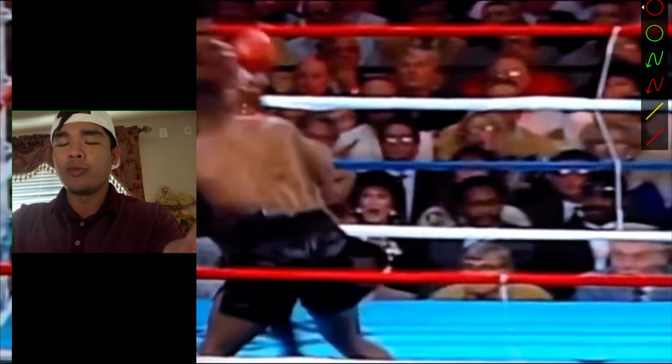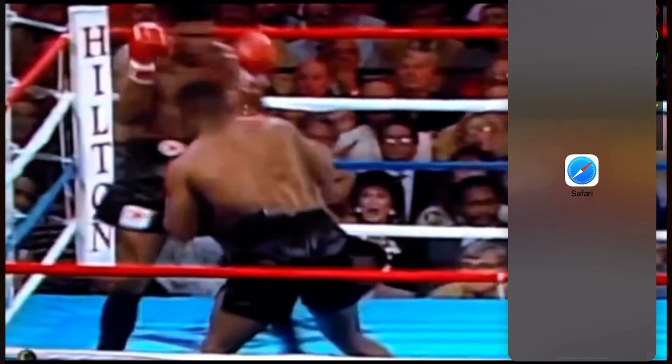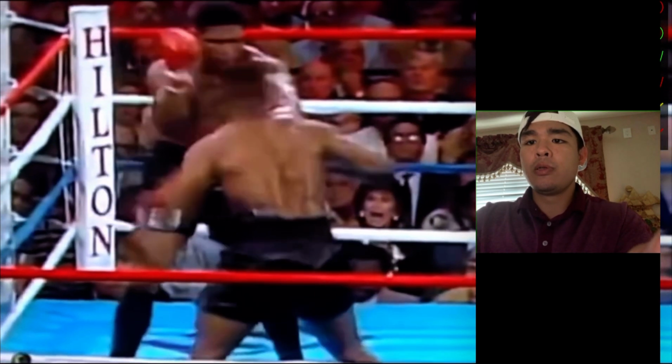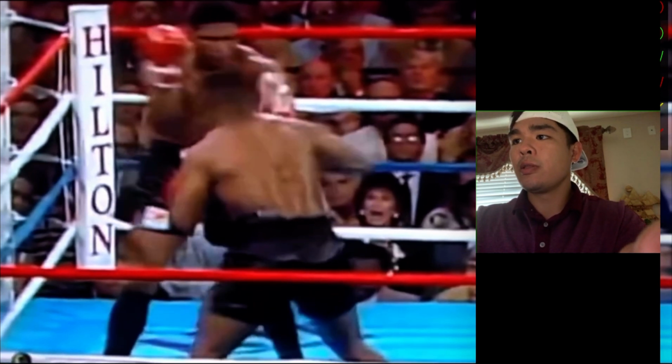So he's getting ready to punch here already. Let me get out the way. All right, so he's getting ready to punch. What moves first? Is it the arm? Nope. Is it the legs? Possibly. But it looks more like a rotation before anything to me, right?